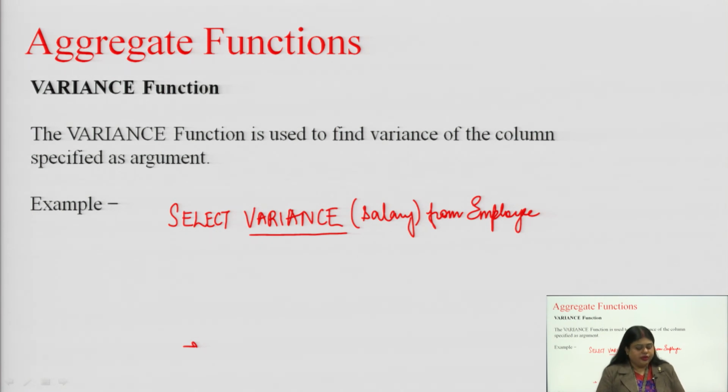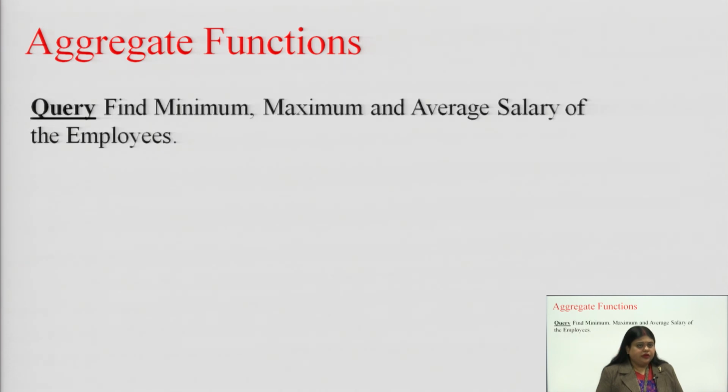Now, let us go through some query practices. We will very quickly go through them. This query tells you to find the min, max and average salary of the employees. How are we going to do it?